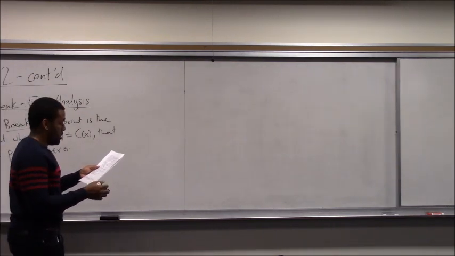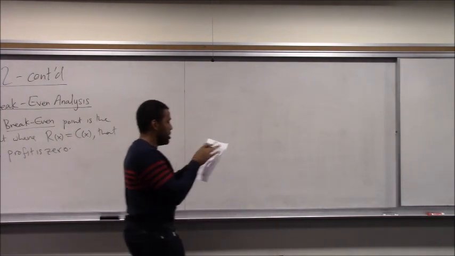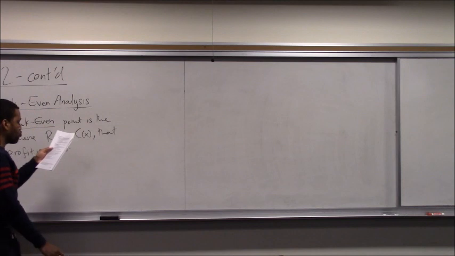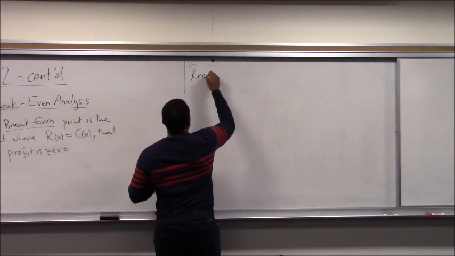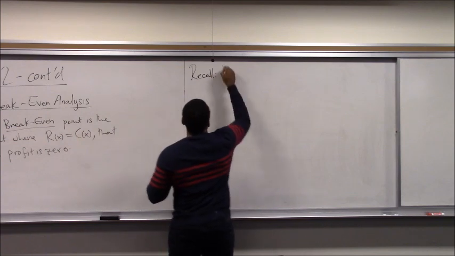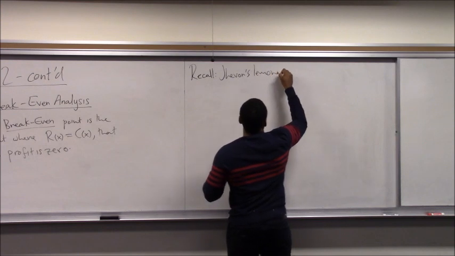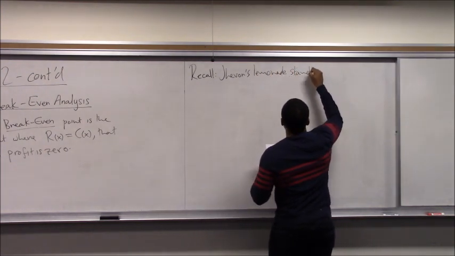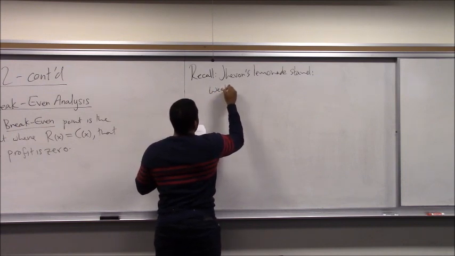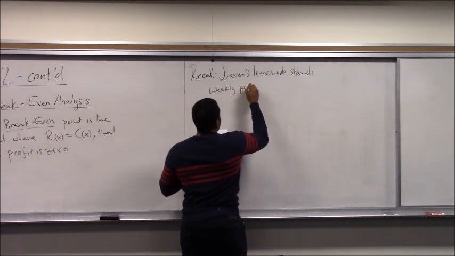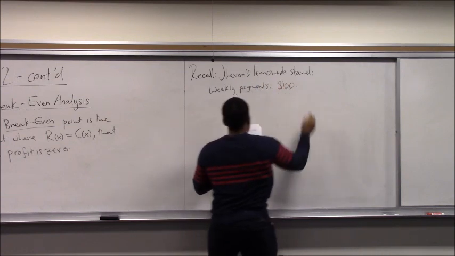Let's continue the example then. So we're going to do part 2 of the example. Okay. So remember the first example is the lemonade stand. Just to remind you of the situation: we have weekly fixed payments costing $100.